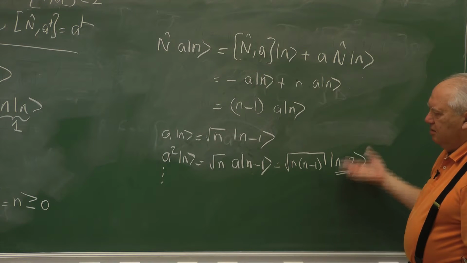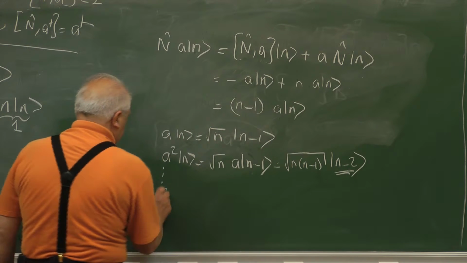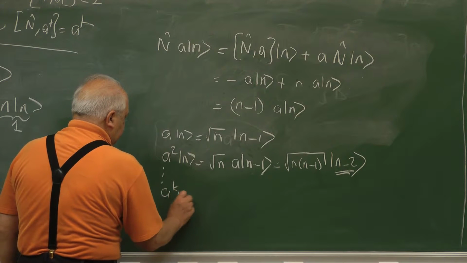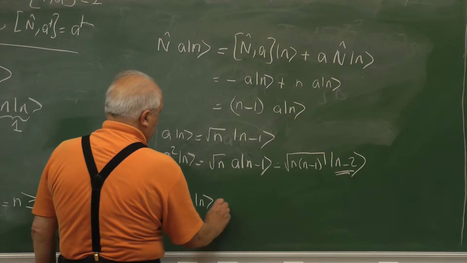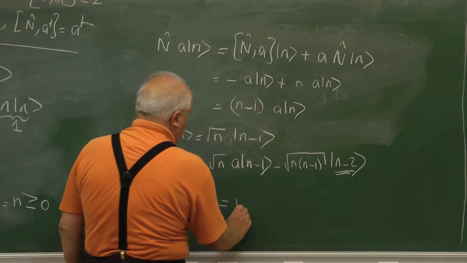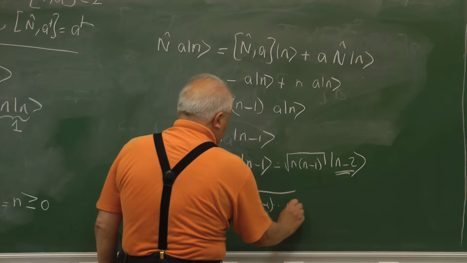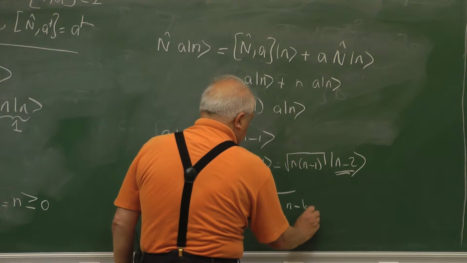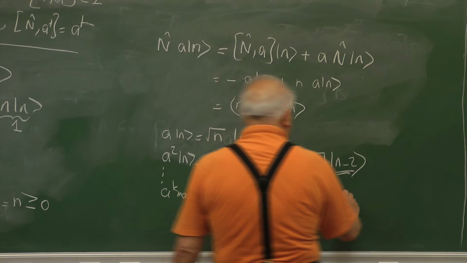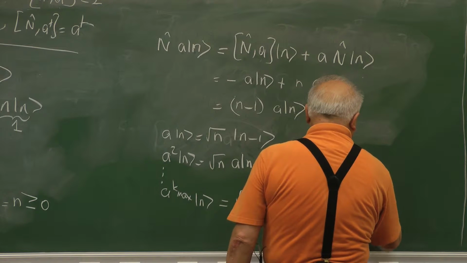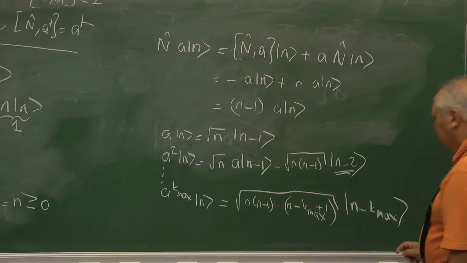Clearly this cannot go on indefinitely. Suppose we reach, let's say, k max: a^k max |n⟩ equals root n, root n minus 1, up to root n minus k max plus 1, times |n minus k max⟩. Why am I calling it the last one?